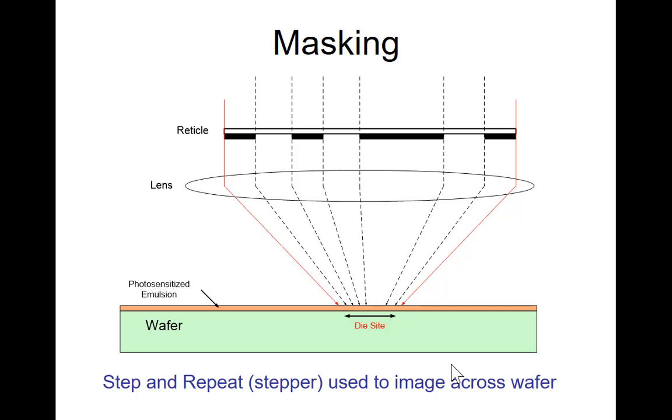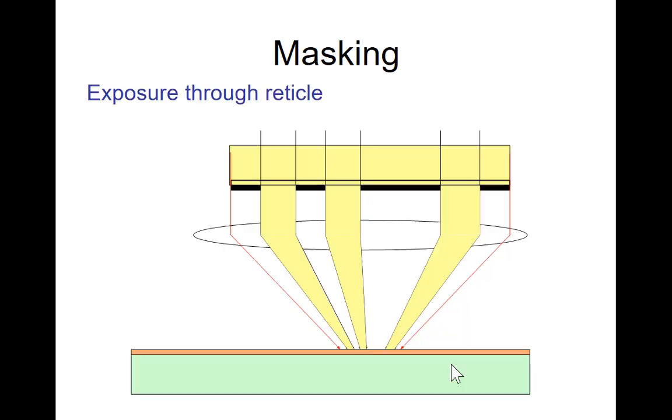So this is how you use it. This is the ideal situation, where the light comes in parallel straight lines, and after the lens, straight lines come to the wafer surface.